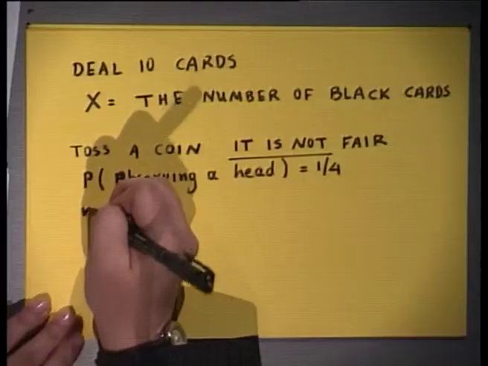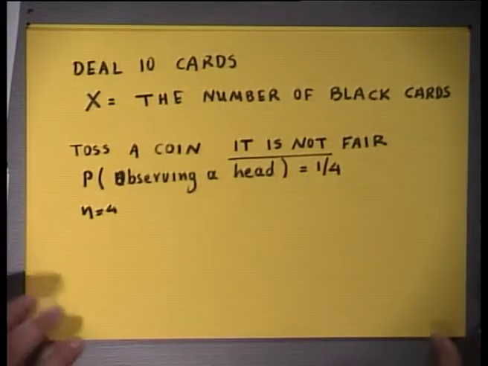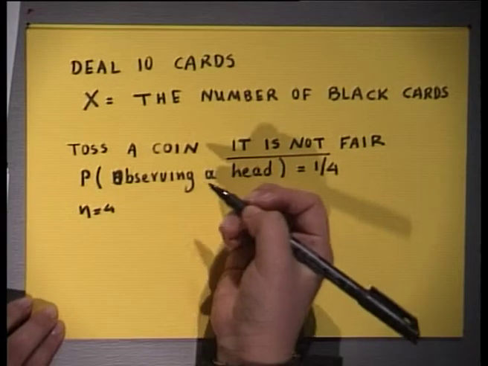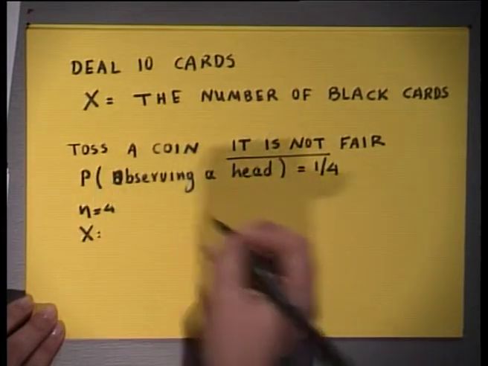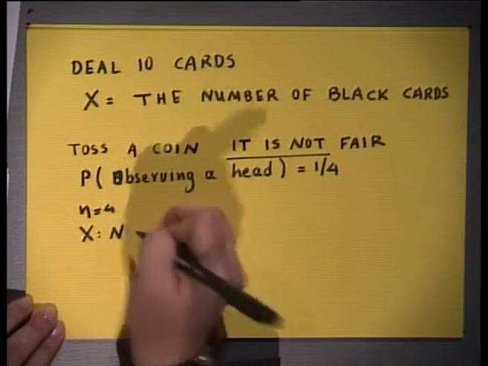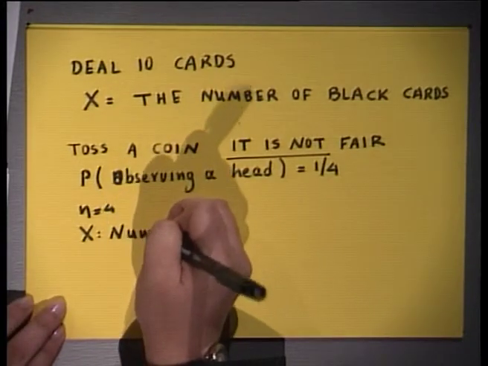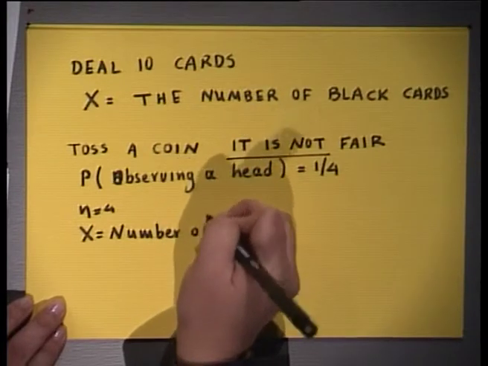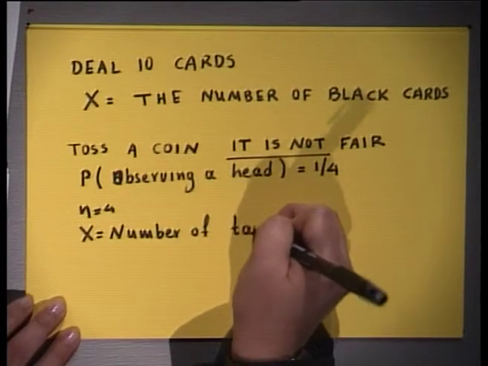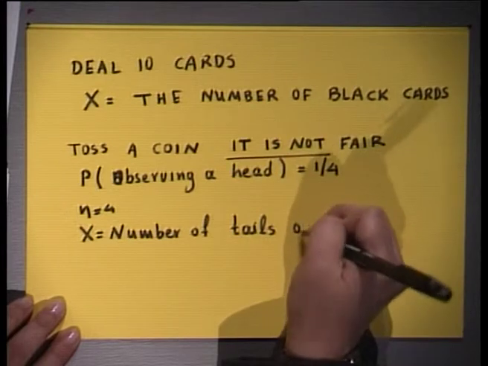So n is 4, and our random variable X is the number of tails observed.